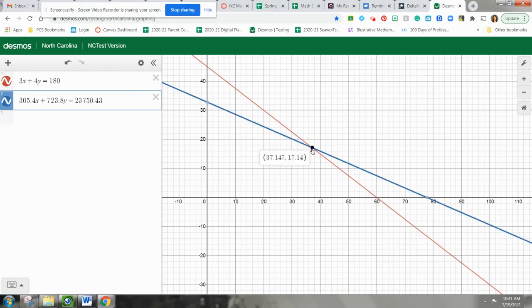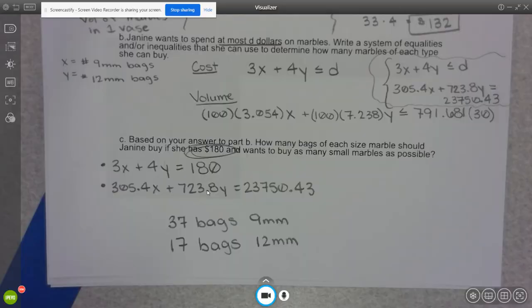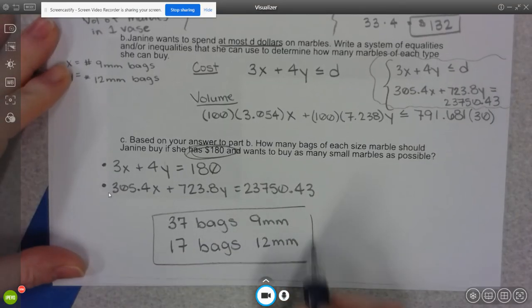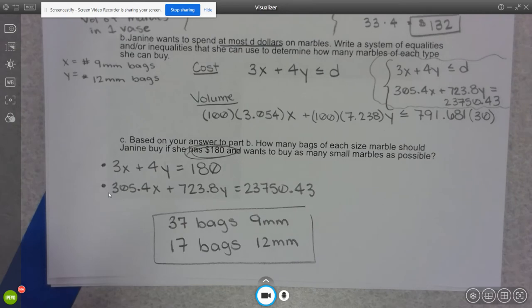So remember, X is the number of 9 millimeter bags and Y is the number of 12 millimeter bags. So my X value tells me I can buy 37 bags of the 9 millimeter marbles. And Y tells me I can buy 17 bags of the 12 millimeter marbles. So coming back over here, this would be my answer if she only wants to spend $180 total.